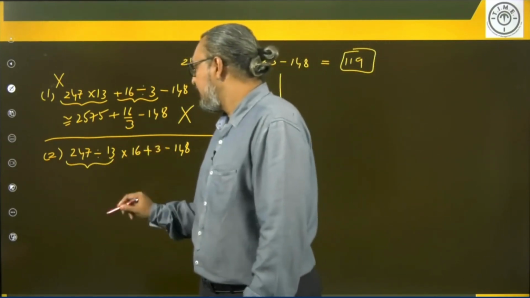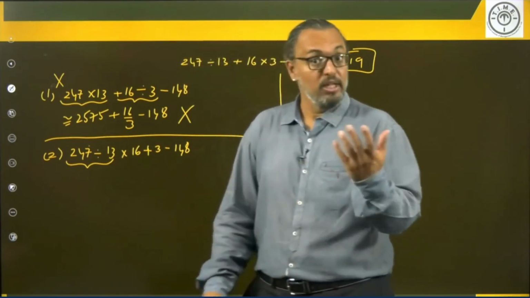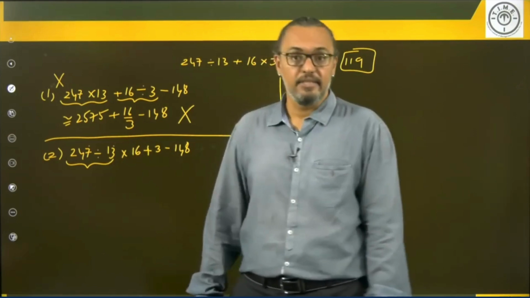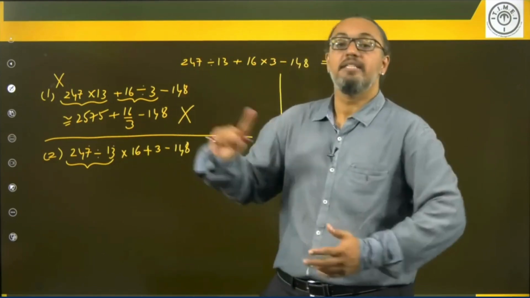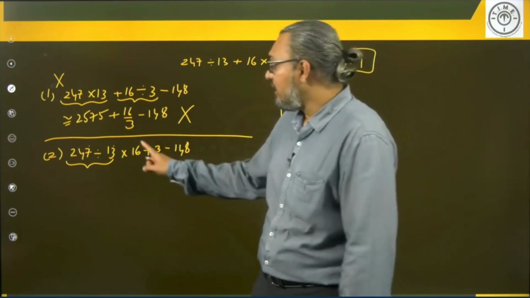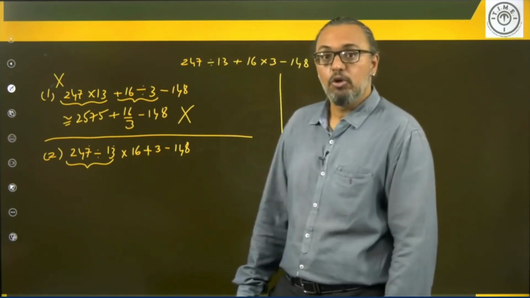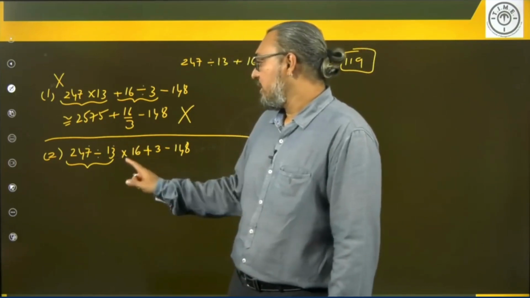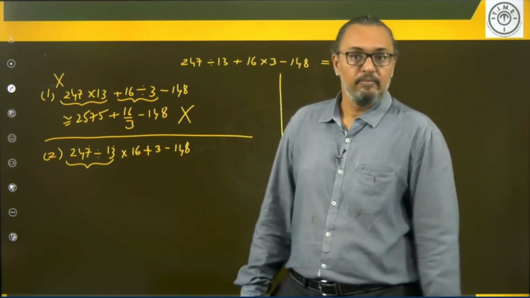The units digit of 247 is 7, and the units digit of 13 is 3. So 3 goes how many times to get a 7? 9 times is 27, correct. But 13 into 9, 10 into 9 is 90, 3 into 9 is 27, 90 and 27, 117.